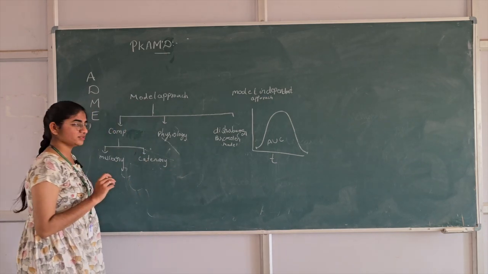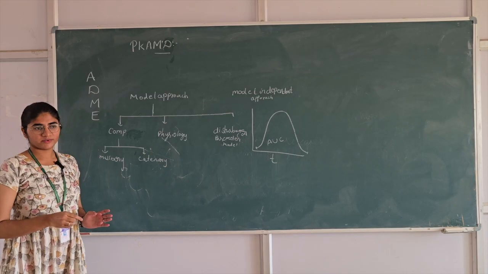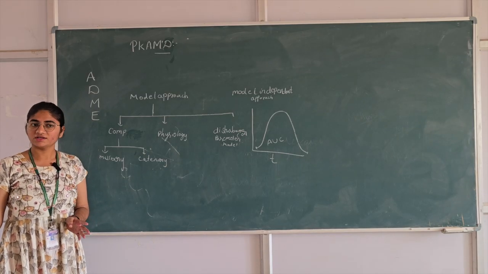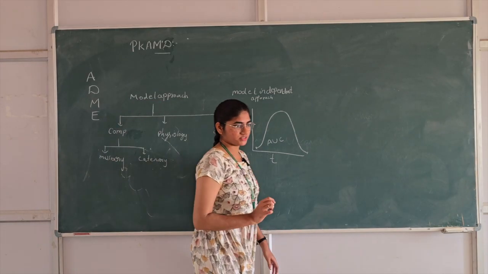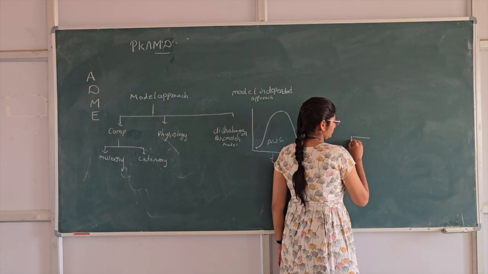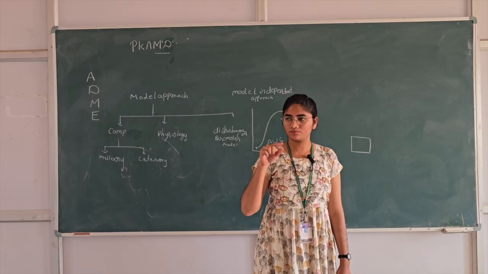As I told, this compartmental model is hypothetical. To make sure that the model represents the similar bodies and organisms which are present, we have some assumptions. In the models, we can't represent each and every organ as a box.